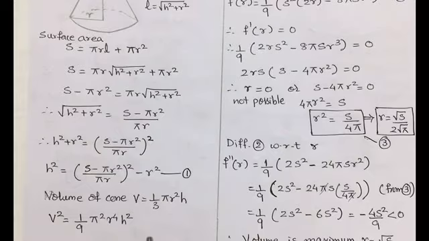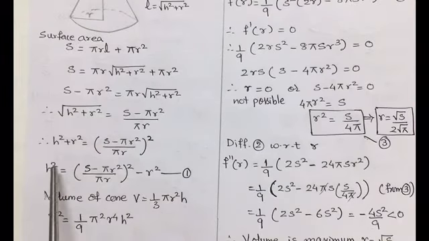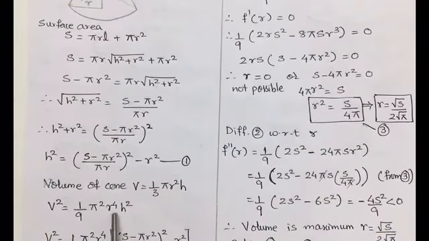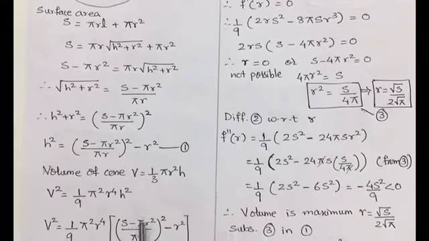Now to maximize the volume of cone, we will take the formula of volume of cone as 1 by 3 pi r square h. Now to substitute the value of h square directly, we will square this formula. So we get v square equal to 1 by 9 pi square r raised to 4 h square.